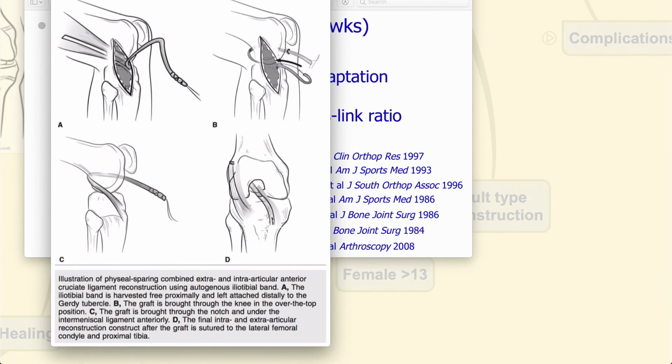This is one of the images showing that the physeal sparing combined extra- and intra-articular ACL reconstruction is done using the autogenous iliotibial band.